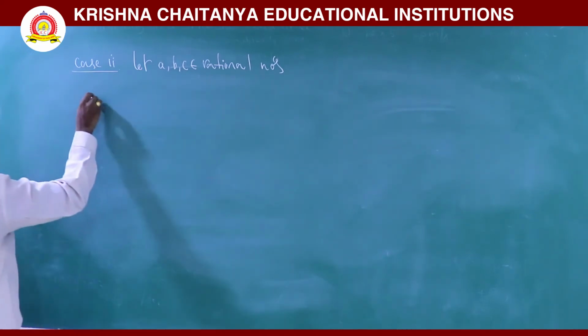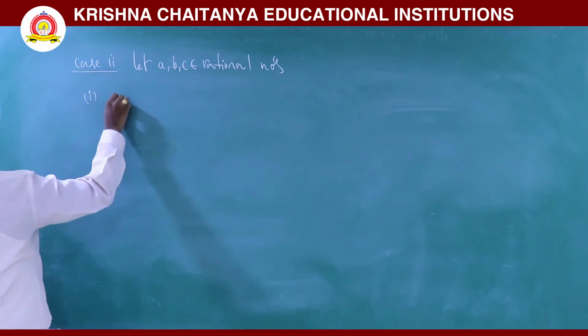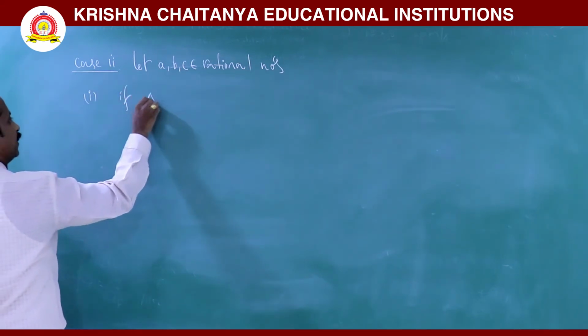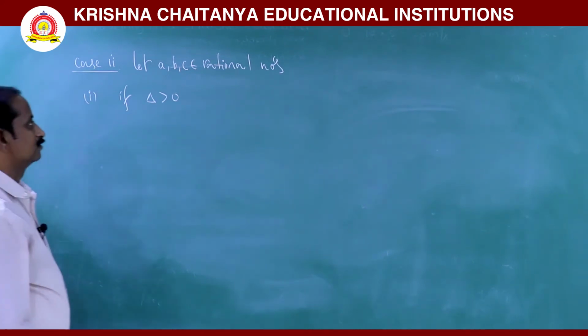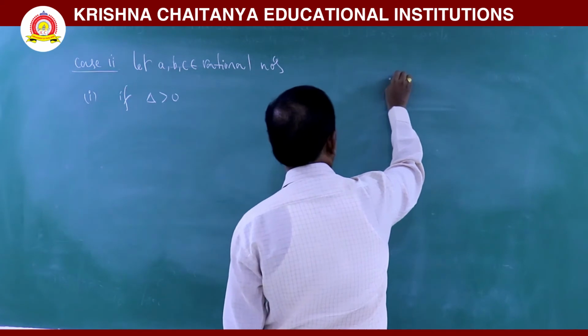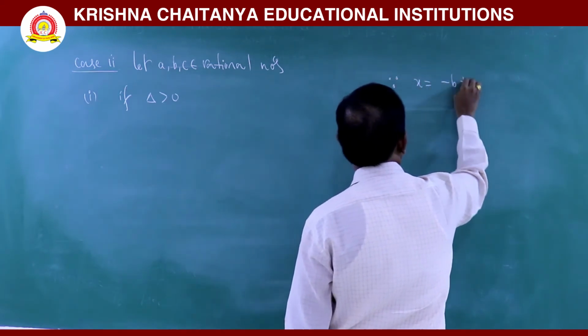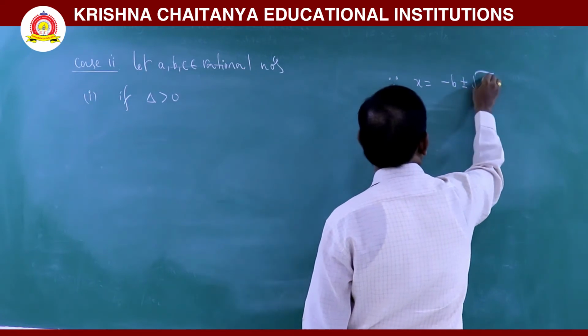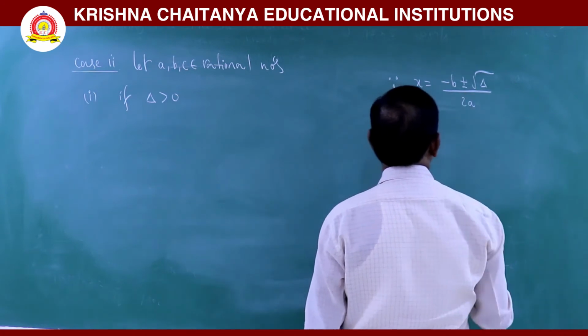What is sub-point 1? If delta is greater than 0. Now we know that the roots of the quadratic equation are x = (−b ± √delta) / 2a.